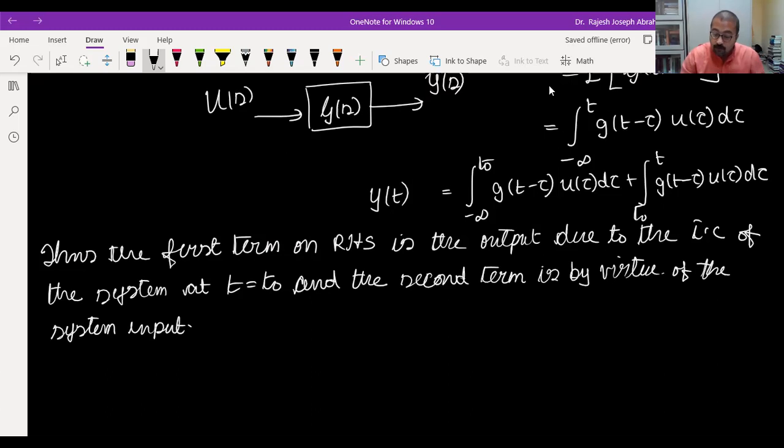So the output of the system depends not only on the input signal but also on the initial conditions.